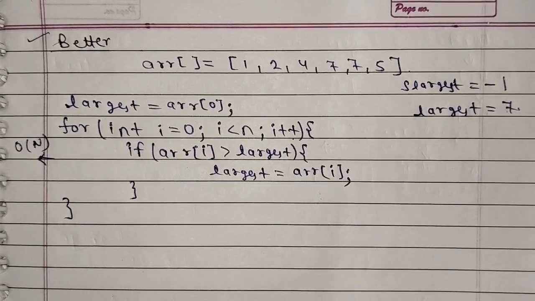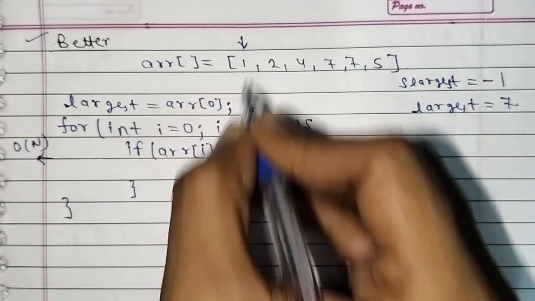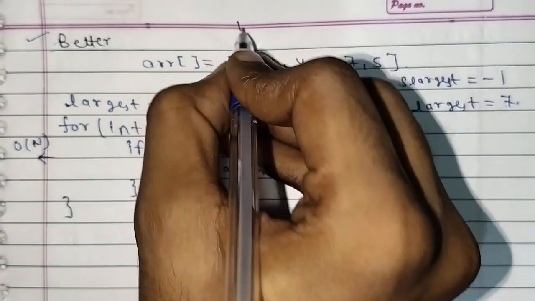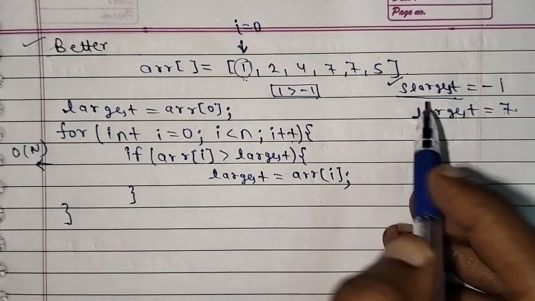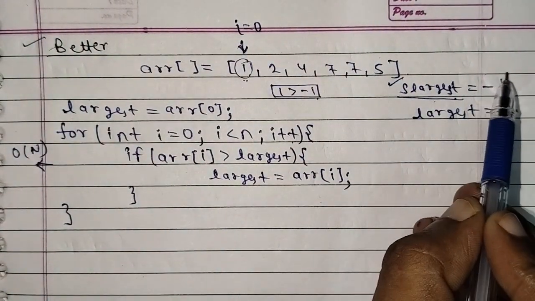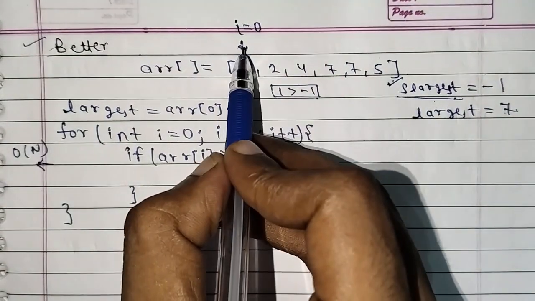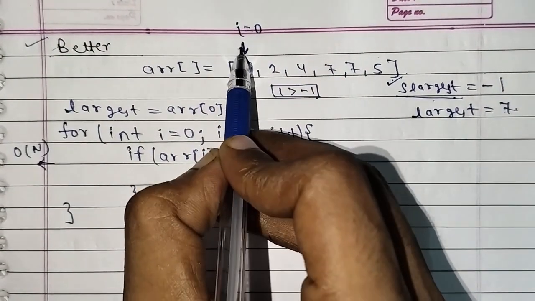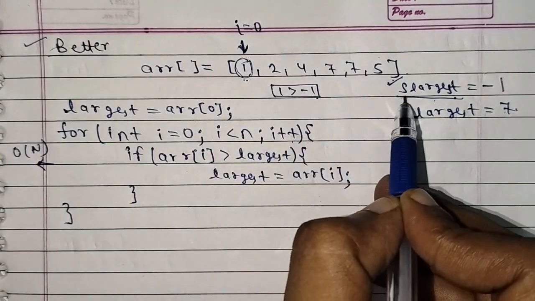We traverse each element with I equal to 0. We already stored -1 because there is no negative number in this array. Starting from I equal to 0: are you greater than second largest?